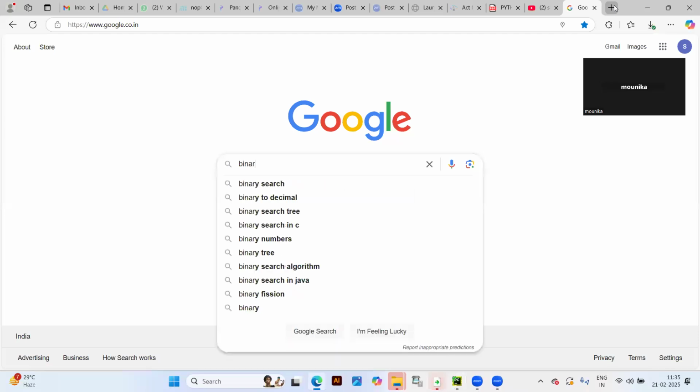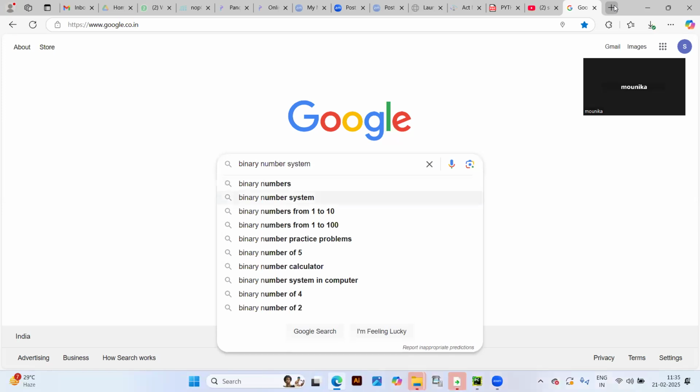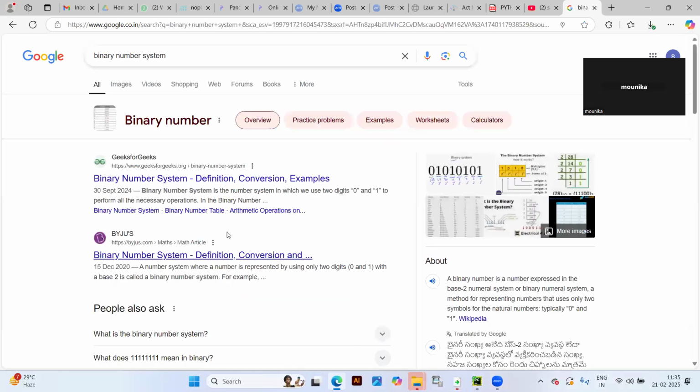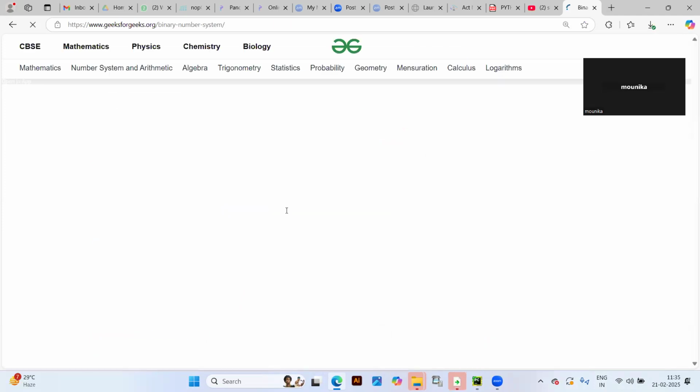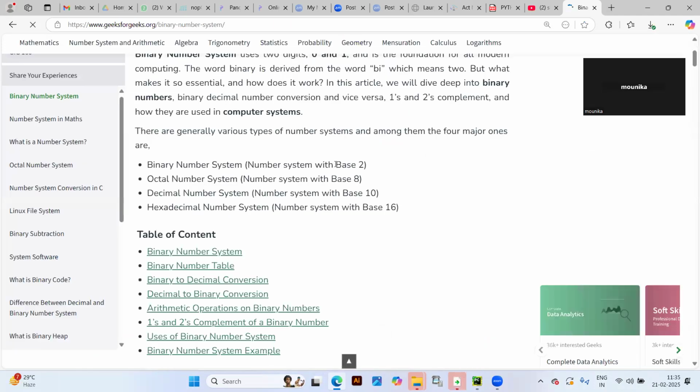Binary number system, base 2; octal number system, base 8; decimal number system, base 10; hexadecimal, base 16.